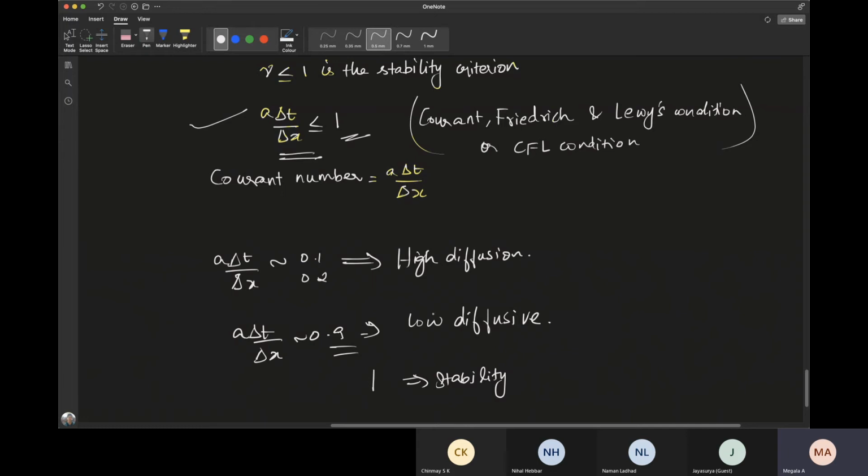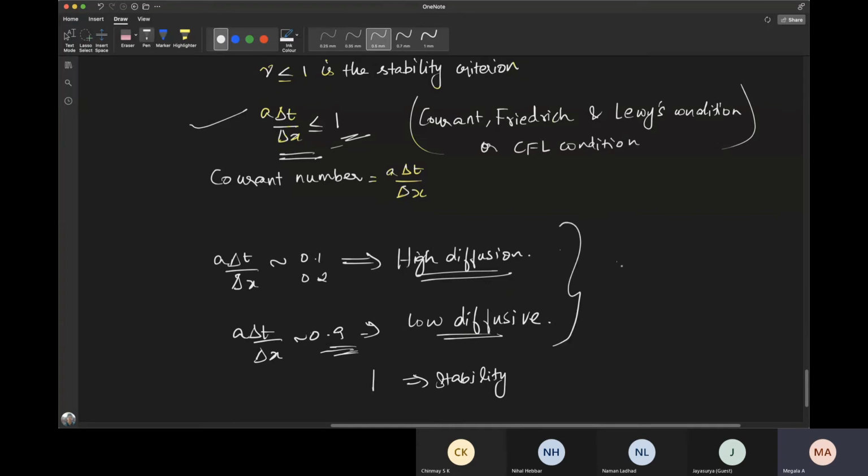However, when you choose it to be very much less than 1, the solution will be stable. You will be getting some solution, but it will have very high diffusion. So you always choose it near this border, near 0.9 or 0.8, to have a good solution, that is, with low diffusion.